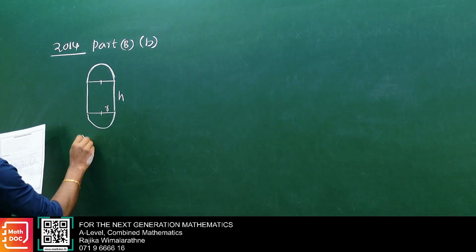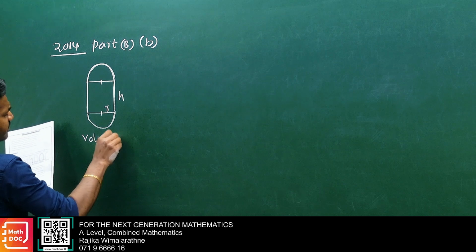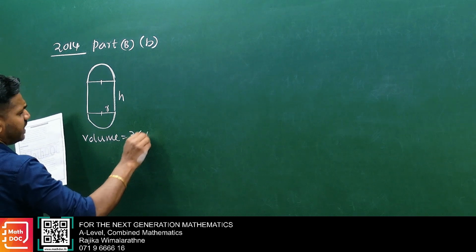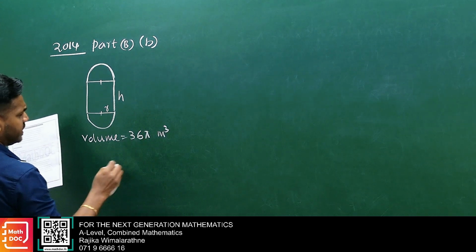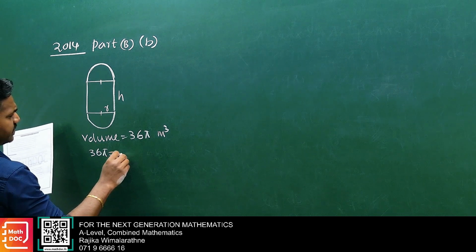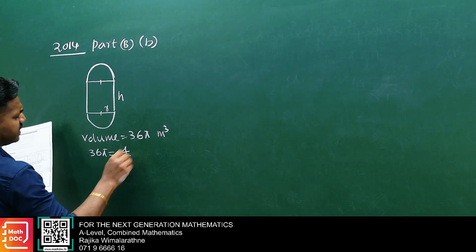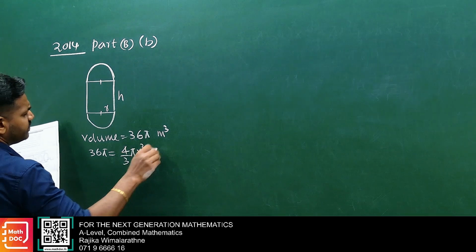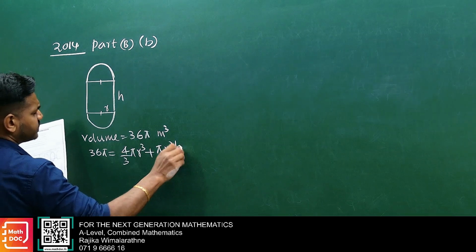The total volume is 36 pi cubic meters. So 36 pi equals 4/3 pi r cubed plus pi r squared h.